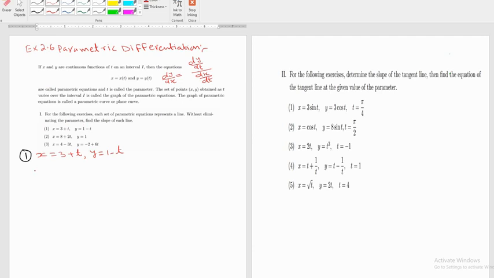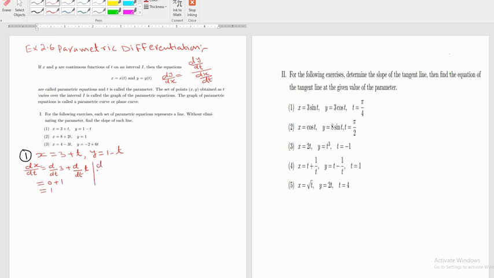For the differentiation of that parametric function, we need to use dy/dx is equal to dy/dt divided by dx/dt. That means differentiate y with respect to t and x with respect to t. So dx/dt is equal to d/dt of 3 plus d/dt of t. d/dt of 3 is 0 because it is a constant, plus d/dt of t is 1, so it is 1.